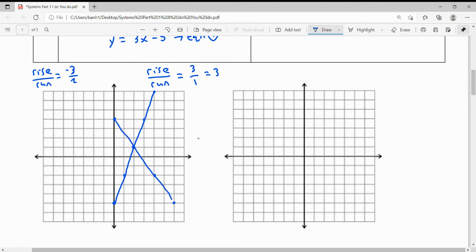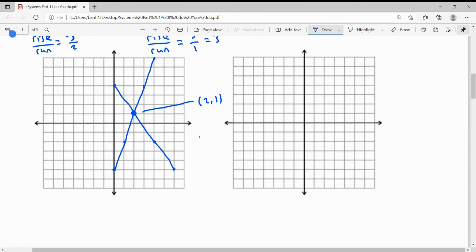As you can see, when I connect my points, both of these lines are intersecting at one point. This point right here. If I count it, it's 2 to the right and 1 up. So 1, 2, 1 up. This point would be (2, 1), and this is what I'm looking for. This is my point of intersection, which is also the solution to my system of equations.